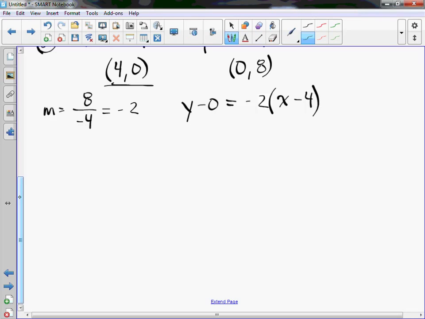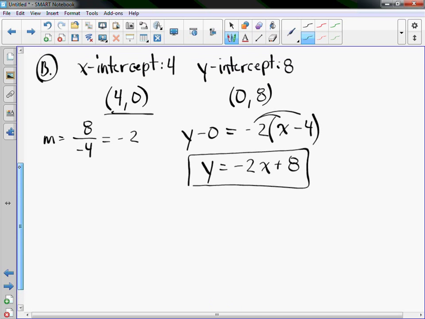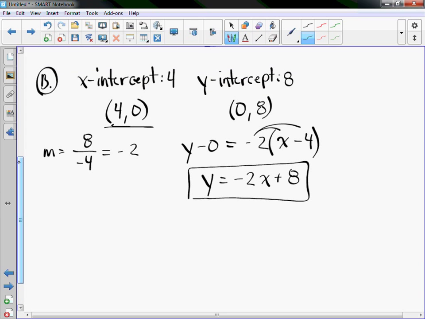Pretty nice and simple, because y minus 0 is just y. Then distribute the negative 2, and you get negative 2x plus 8. And we have our equation in slope-intercept form for the line that has an x-intercept of 4 and a y-intercept of 8.